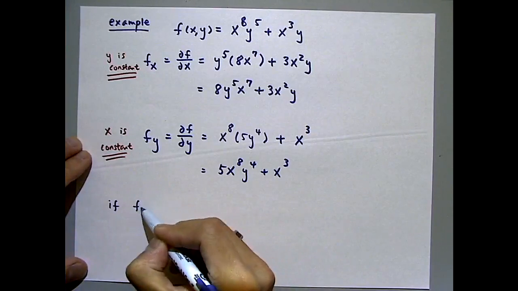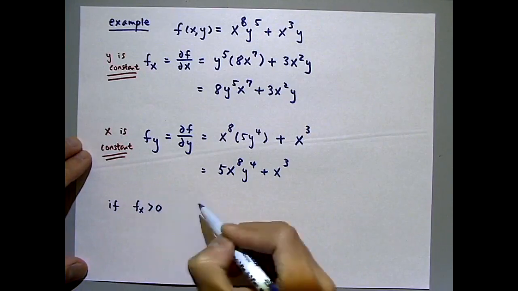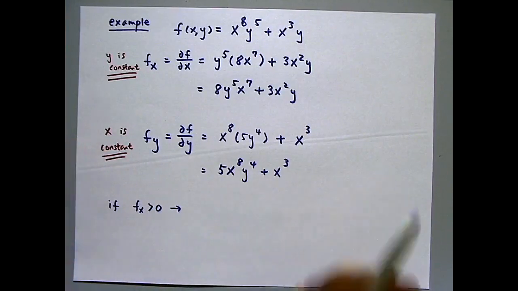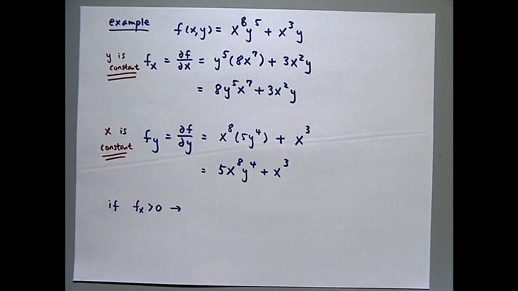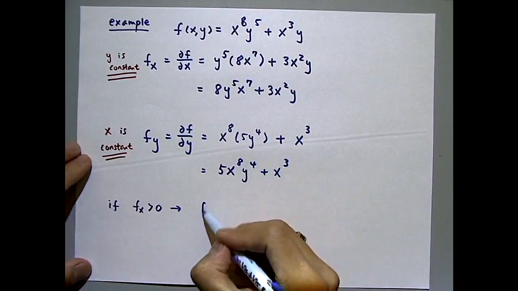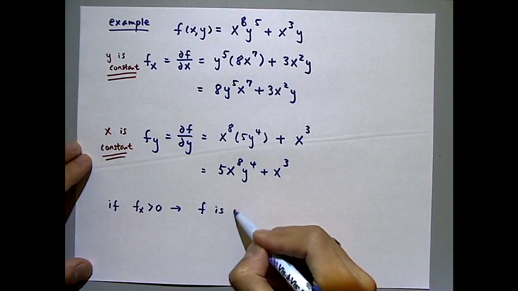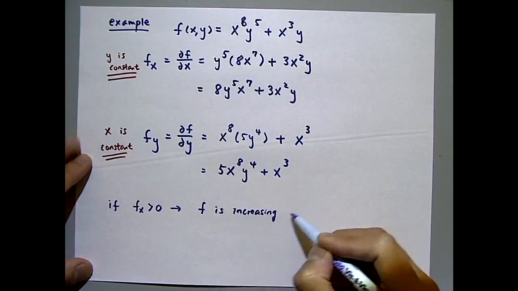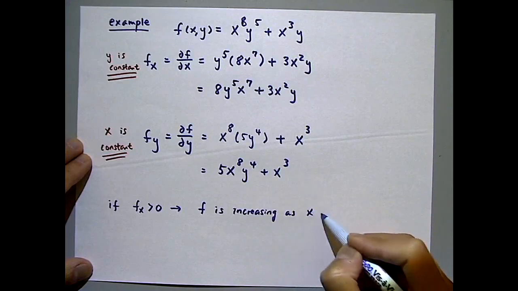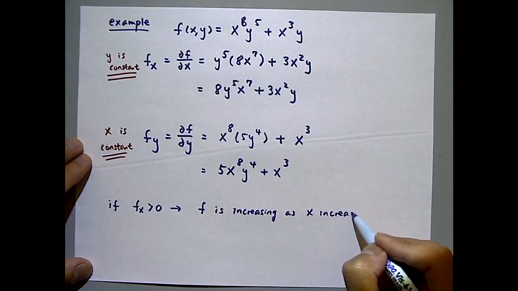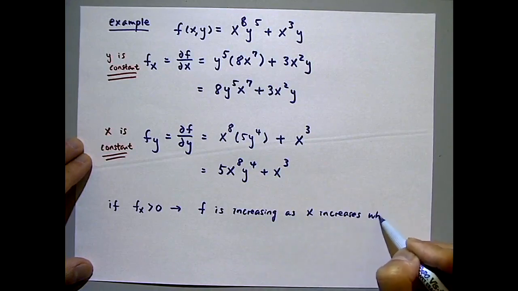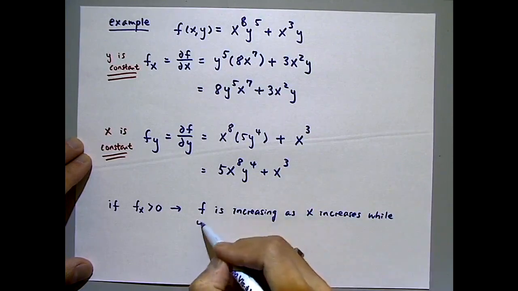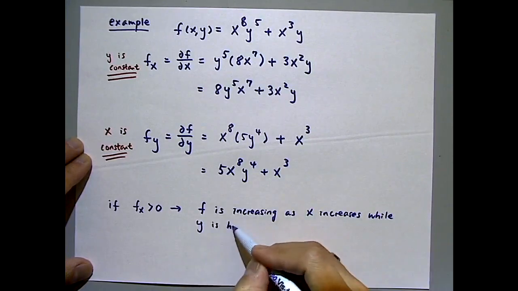suppose that f_x is positive. This means that as x is increasing, while y is a constant, f will be increasing. f is increasing as x increases. An important part here: while y is held constant.